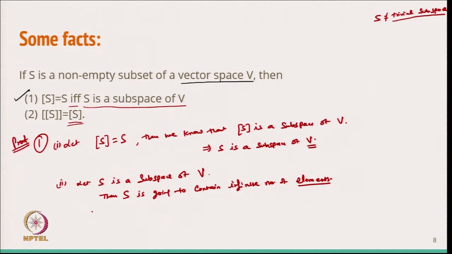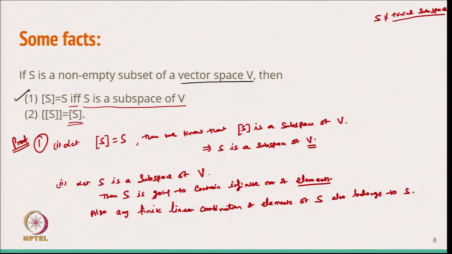Whenever we talk about this one, any finite linear combination, meaning I am choosing a finite number of elements and taking the linear combination, of elements of S also belongs to S. Why?